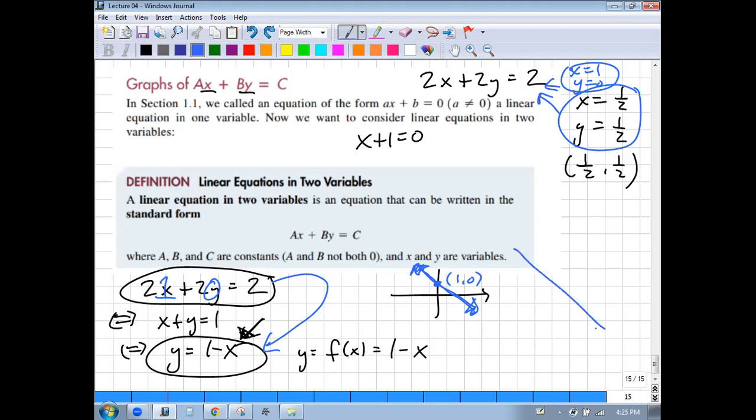That means the line is going diagonally like that. And this 1 here tells me that it goes through this point right here. So that's kind of the goal of the next several sections, is to be able to look at this, rearrange it to that, and visualize this. This line is the solutions to that equation.